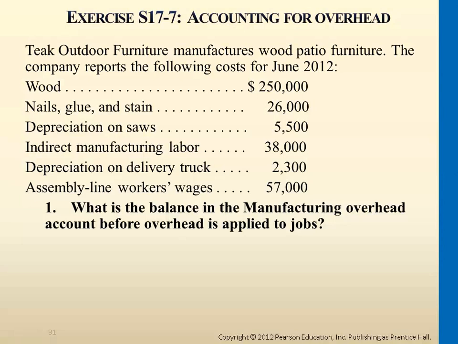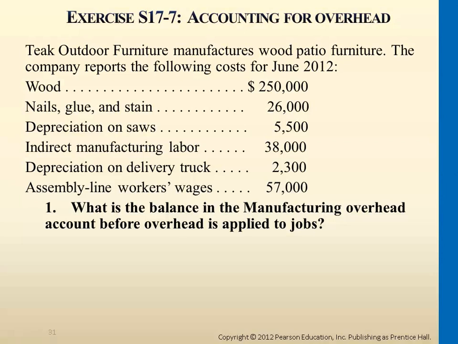Okay, let's classify these costs as shown in this example. So what is wood? Direct materials, we have $250,000. What are nails, glue, seam? Indirect costs, right? Manufacturing overhead. Remember, we purchase it and then we transfer it to manufacturing overhead, indirect cost.